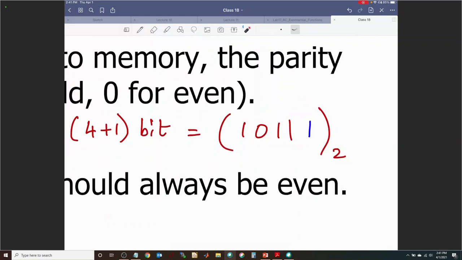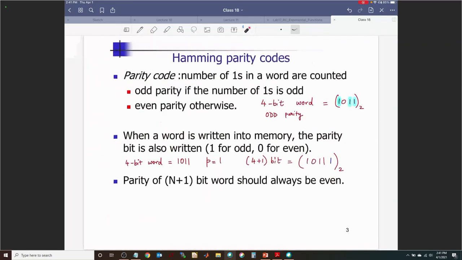It is always going to be an even parity code that you read. It works even for the original word. If it had even parity, then you would pad it with a 0, which again leaves it as an even parity code. So you have a few data bits, and you pad them with parity bits in such a way that the entire code has even parity.